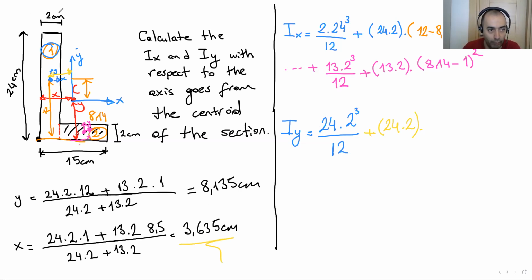X minus half of this edge gives me the distance between this local centroid and the global centroid.